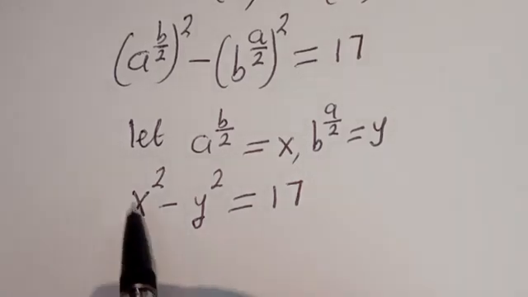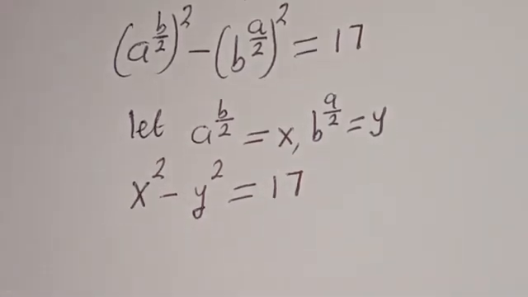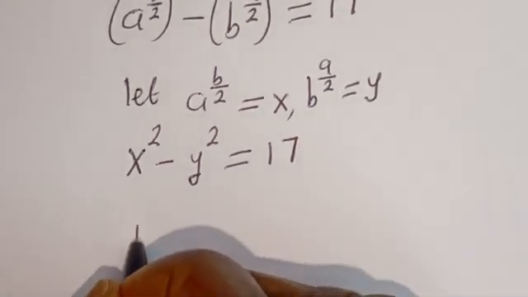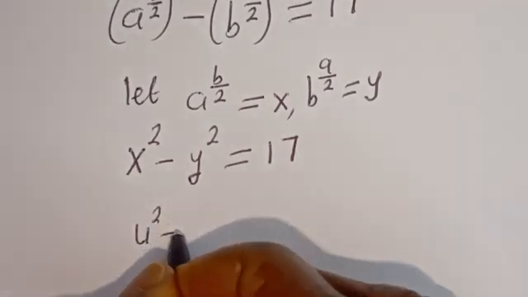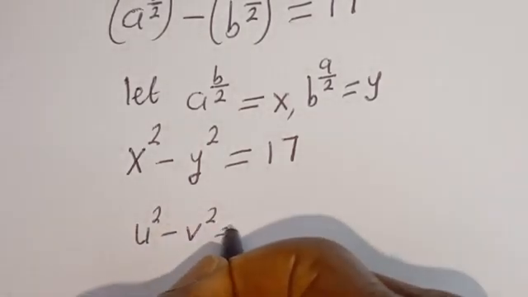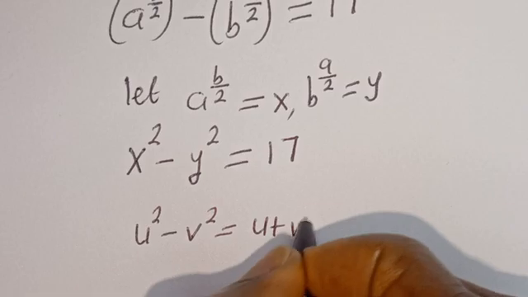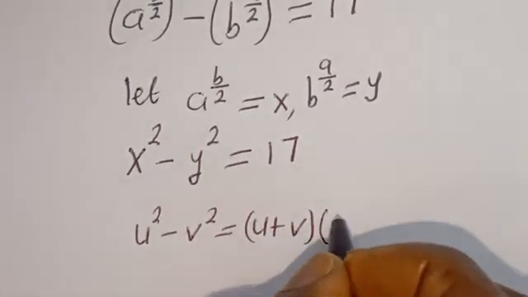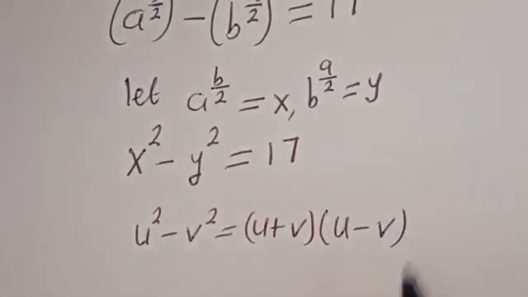Now this is in the form of a difference of squares. That is, if you have u squared minus v squared, this is equal to u plus v multiplied by u minus v.